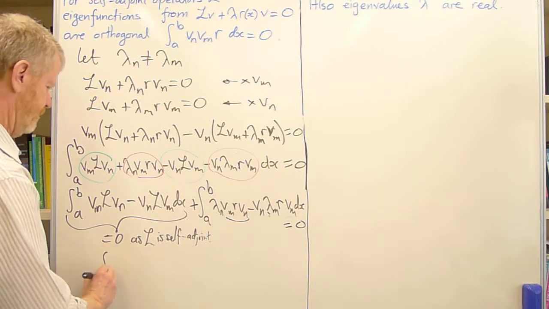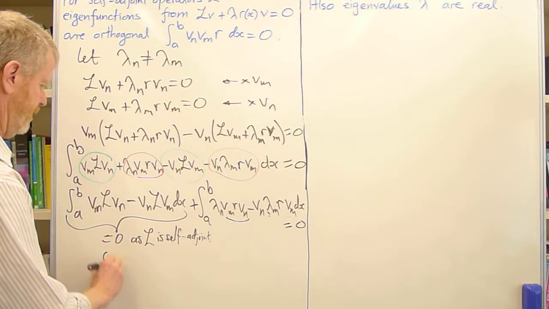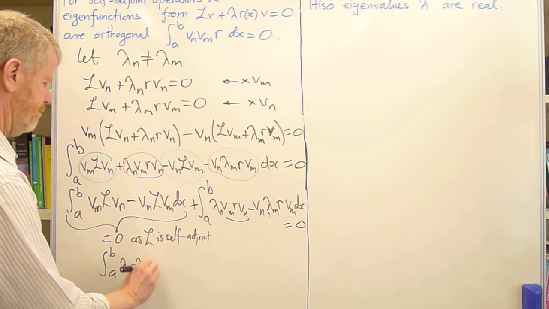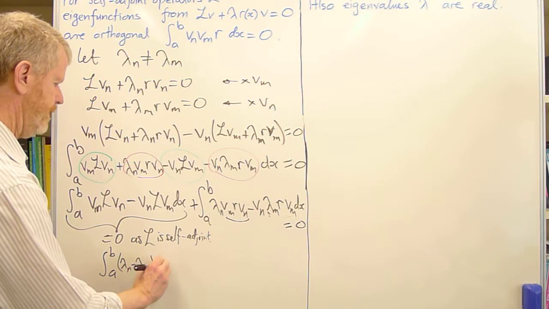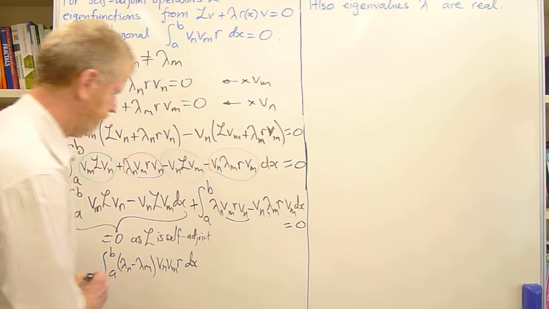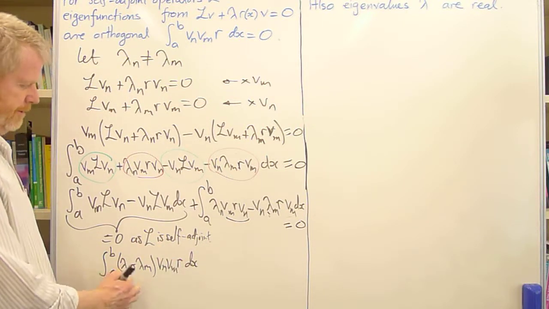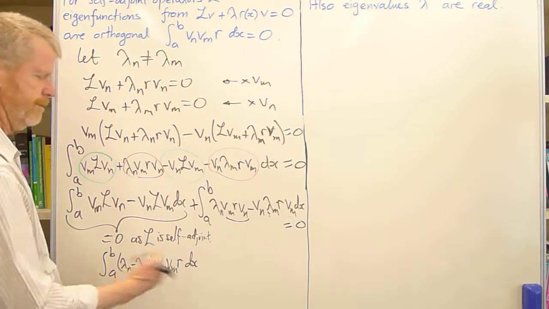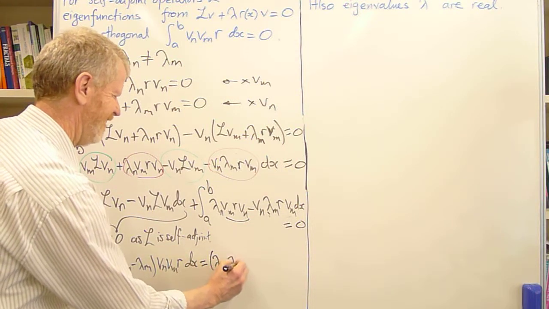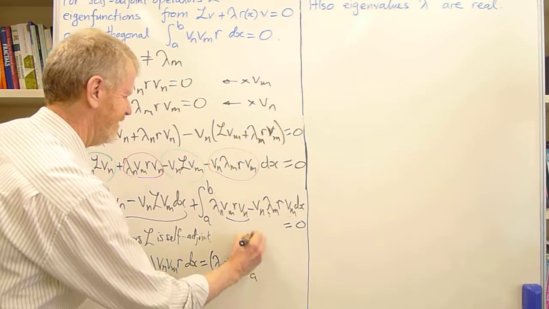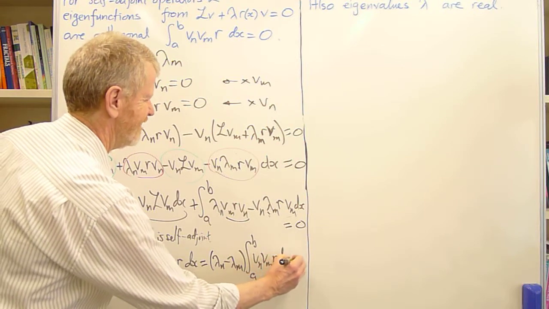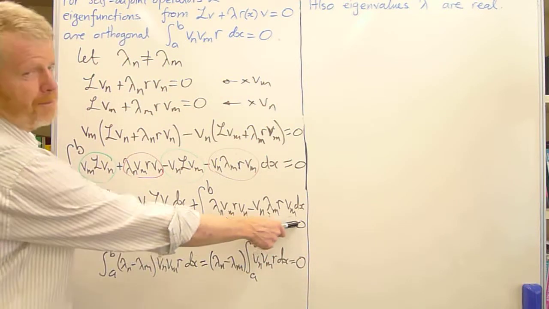So this integral is the integral from a to b of lambda n minus lambda m of Vn Vm r dx. And in this, lambda n minus lambda m is a constant, so bring it outside the integral. Integral a to b Vn Vm r dx, and all of that has to be 0.